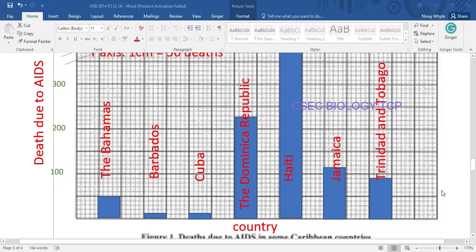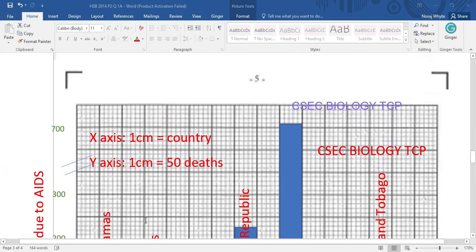Now, important to note are some things that we need to capture on our graph. The name of the axis: country for the x-axis, and deaths due to AIDS for the y-axis. We had to work out a scale, and we had to put in the symbol in order for it to work.